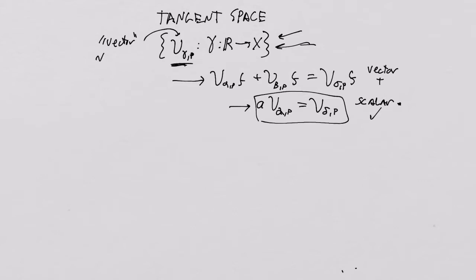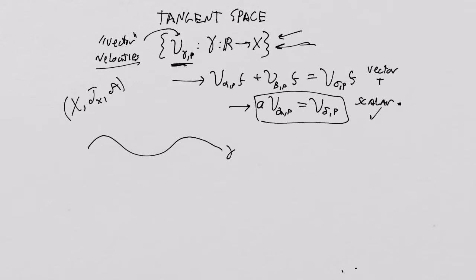But we've been calling them velocities. And the reason we call them velocities is we were playing with this notion that there's some curve gamma that's plotted in the manifold, sort of shown moving through our differential manifold.